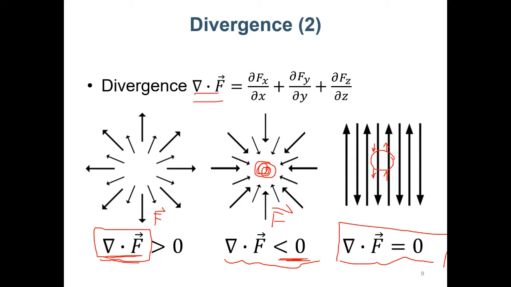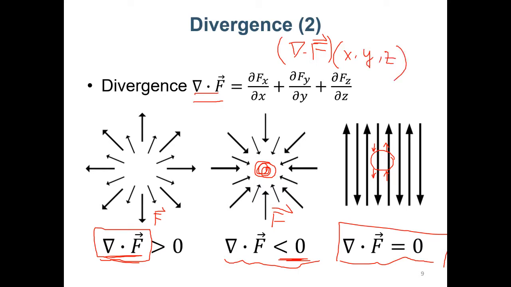This one is also a field, so it will still be a function of x, y, z, or maybe it is a constant, but actually this one would still be a function of x, y, z.